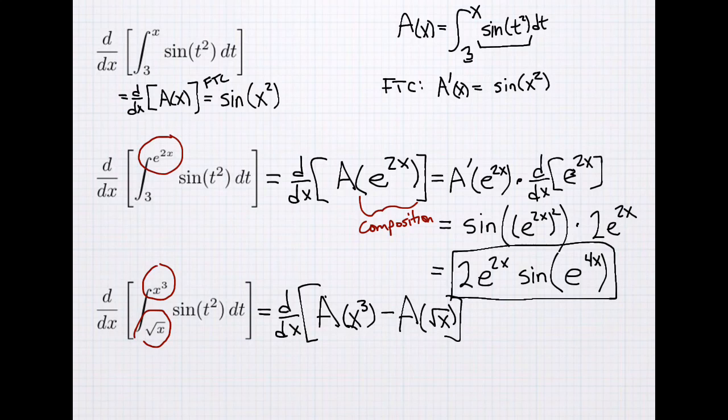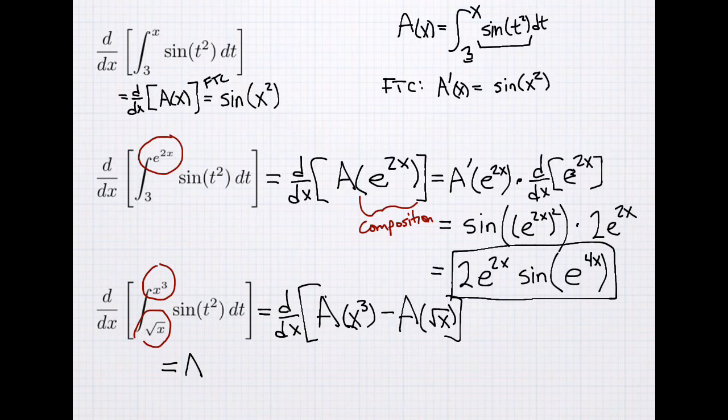And I still need to take a derivative of this. Okay, so what have I done? I've taken my definite integral and I've expressed it in terms of the antiderivative function that we found using an integral. So we know how to take a derivative.